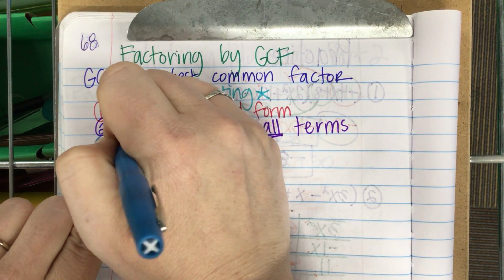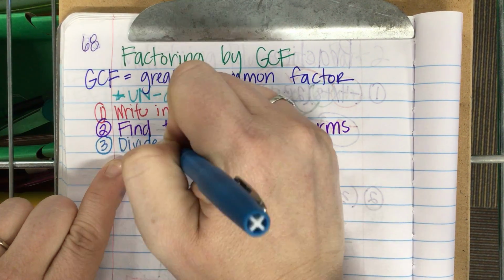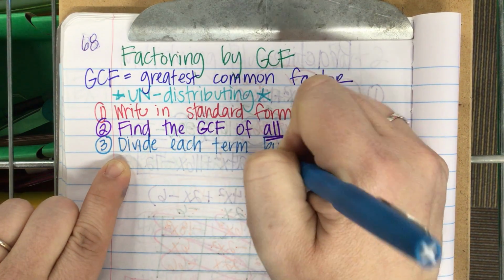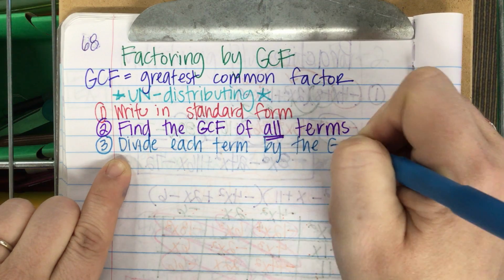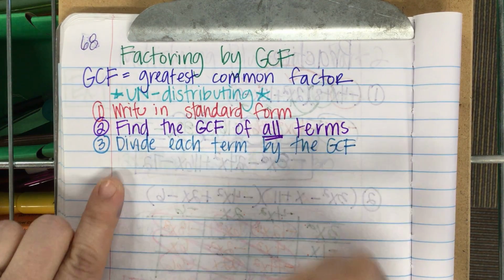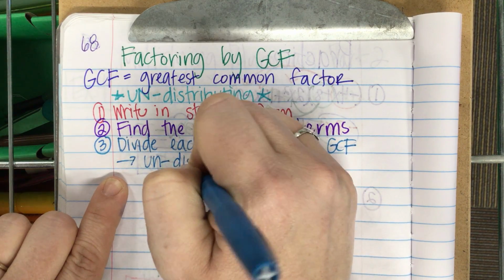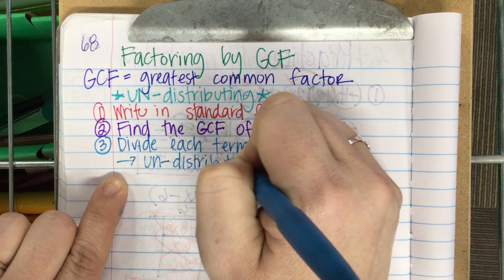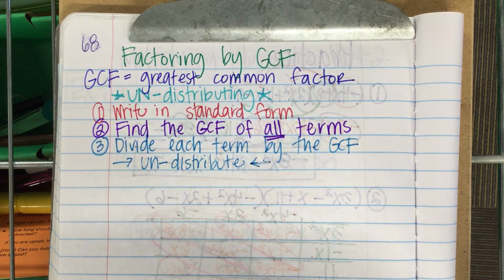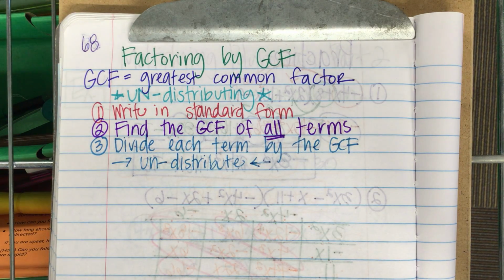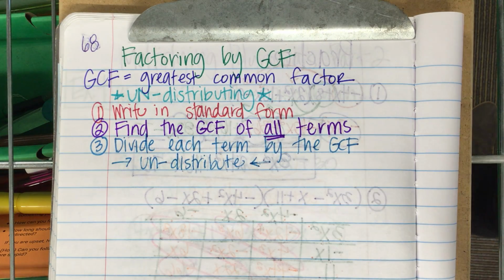Then you're going to divide each term by the GCF, which is the undistribute. When you distribute, you multiply everything. This time we're going to divide everything.